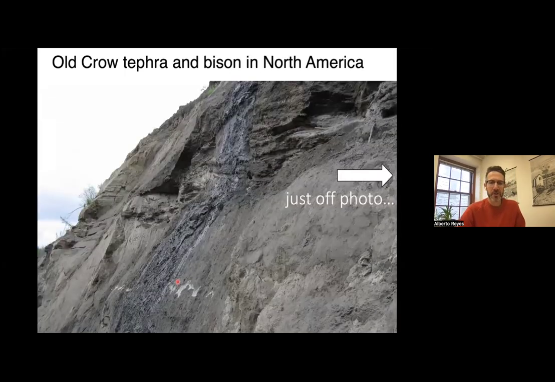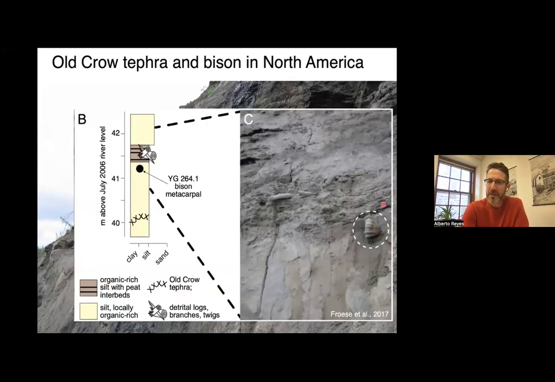In the realm of paleontology, this is Old Crow tephra at Chiji's Bluff in northern Yukon. This smear of white across the exposure and coming over in this direction. And just off the photo is a bison metacarpal, and Old Crow tephra constrains the age of that bison bone.